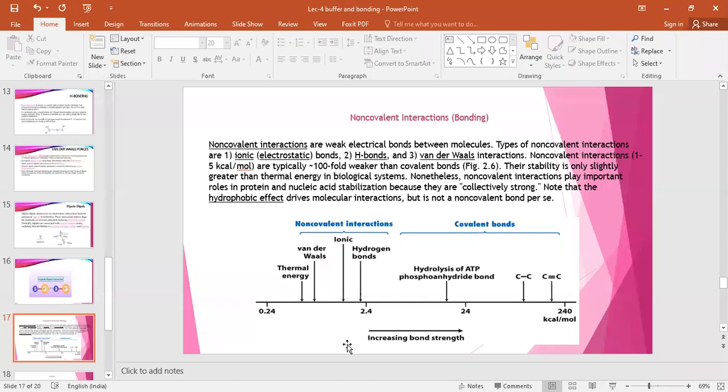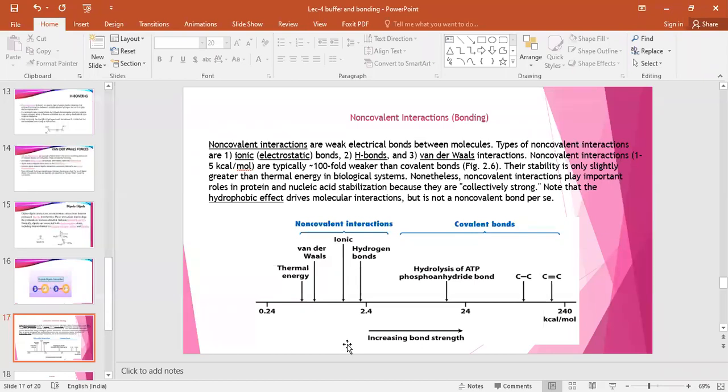Here the bond strength is mentioned, right? Bond strength means what? I told you that non-covalent bonding is a weak bonding system. You can see I have cited one figure here which shows the increasing bond strength. You can see the covalent bond goes up to 240 kilocalories per mole.